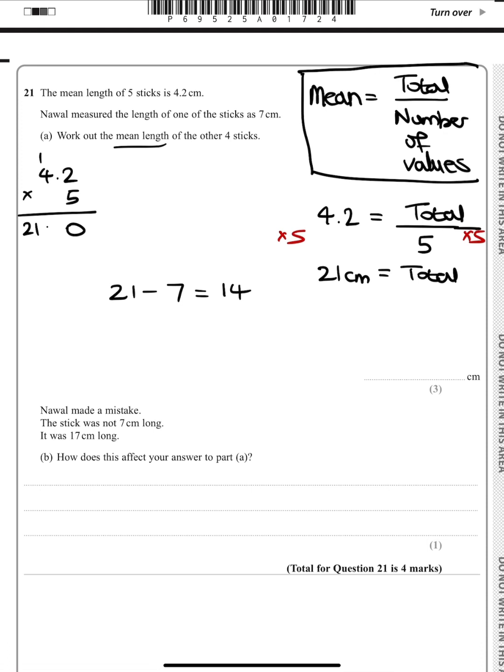Now, to find the mean of the 4 sticks, I'm going to do 14 divided by 4. I'm going to write mean equals 14 divided by 4. Why 14? It's because I had to subtract the length of one of the sticks from the total length of those 5 sticks. So now 14 divided by 4.